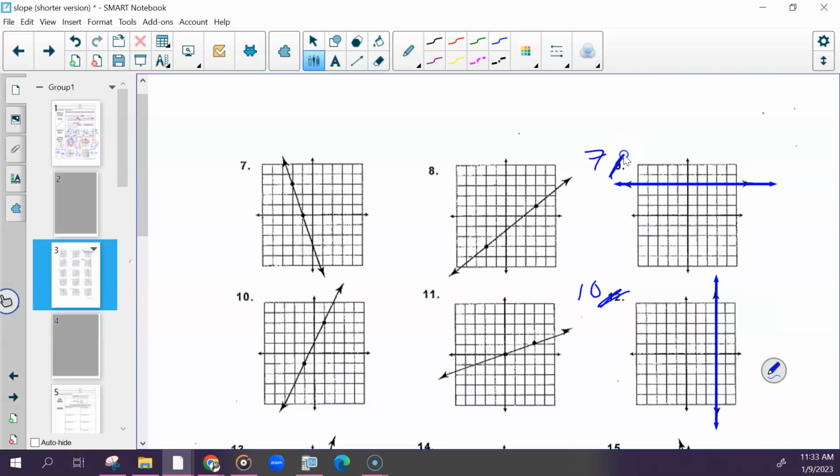What is the slope of number 7? 0. What is the slope of number 10? Undefined. These you'll have to count. What is the slope of number 5?